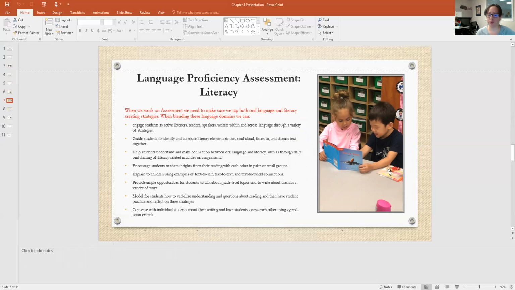When blending these language domains, we can engage students as active listeners, readers, speakers, writers within and across language through a variety of strategies. I like this picture because it represents students working together.